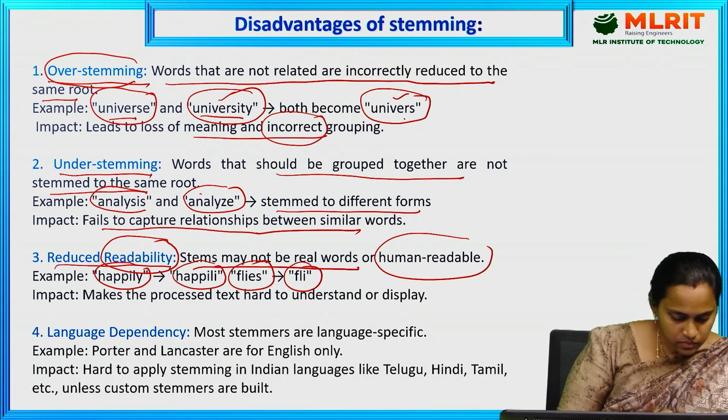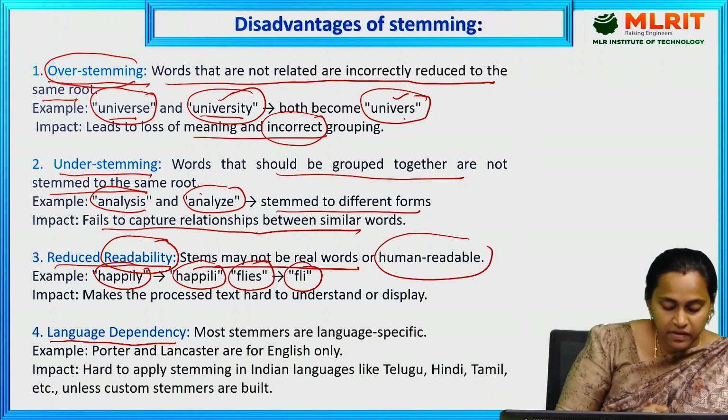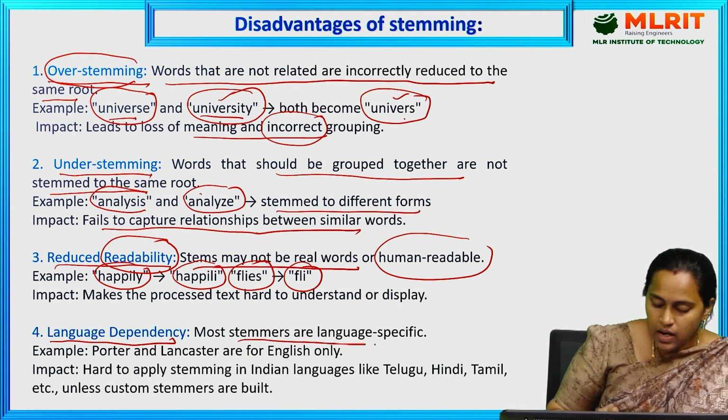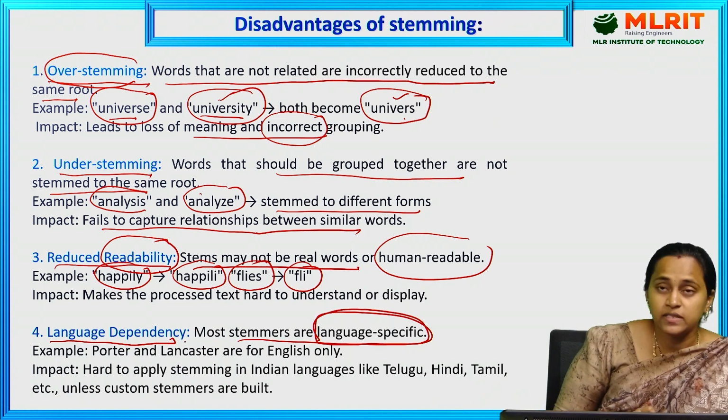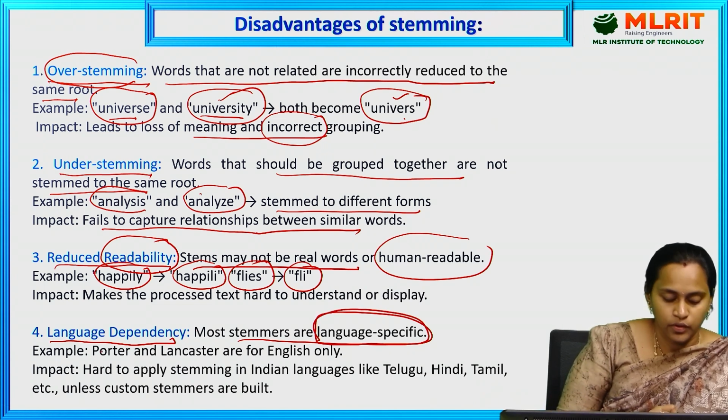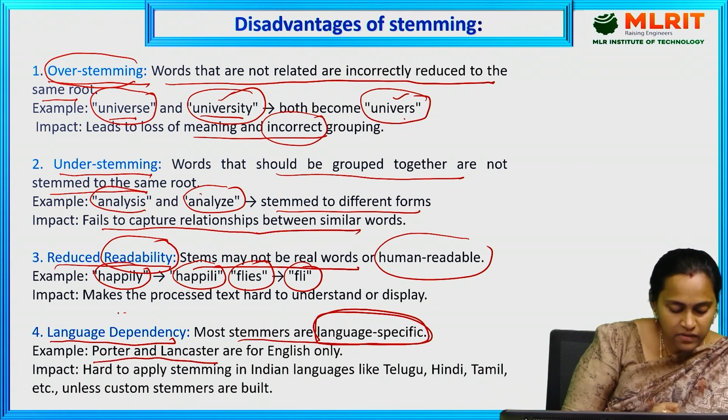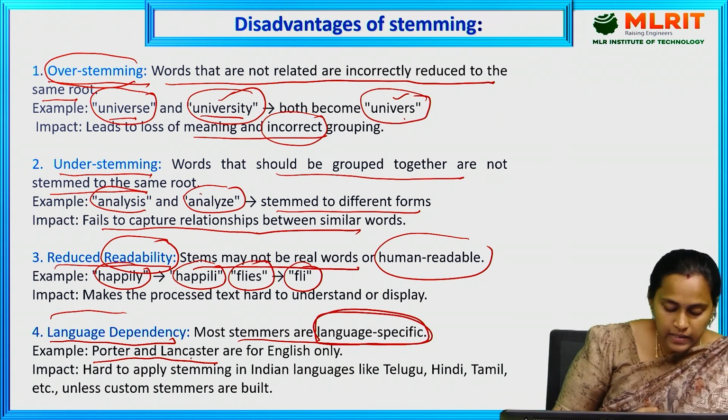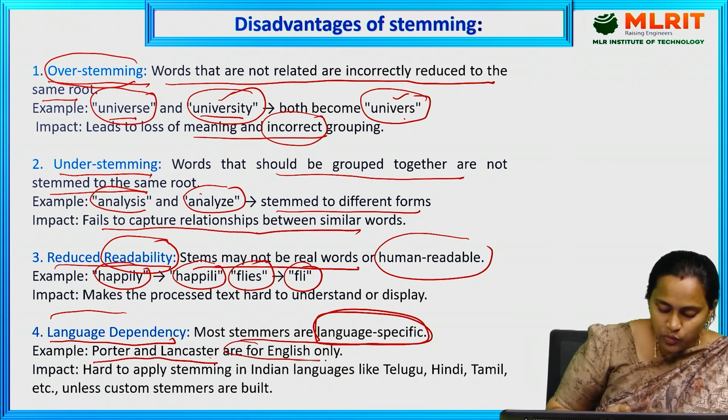See the next one, language dependency. Most stemmers are language specific because stemming is word by word. See the example here. In language dependency, we are using two algorithms, Porter stemmer and Lancaster stemmer, for English only.